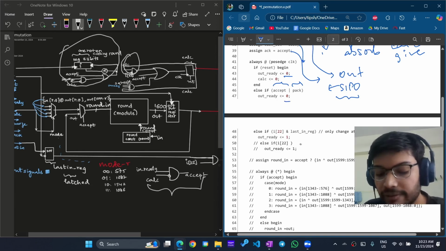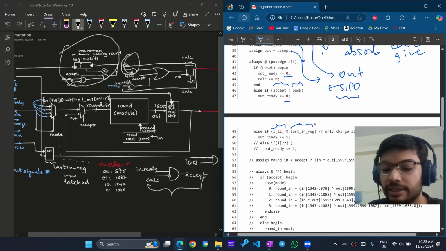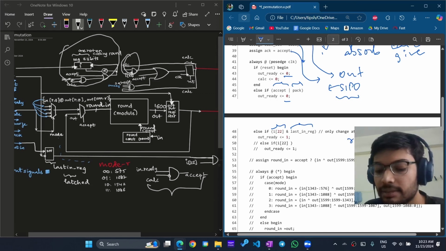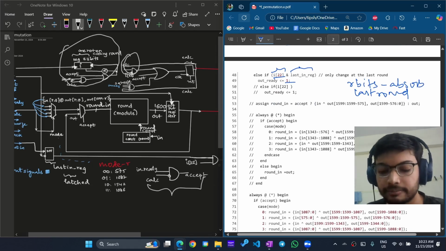It becomes 1 when the round has completed and it's the last input we have been taking. If it is the last R bits, the absorb has ended and the I22 gives that it's the last round. So the out ready becomes 1.